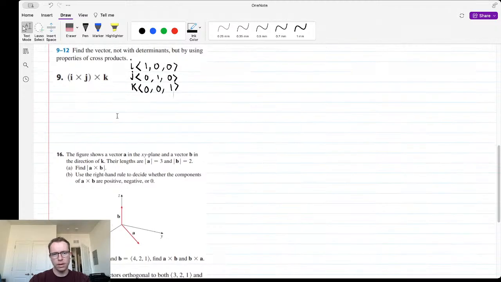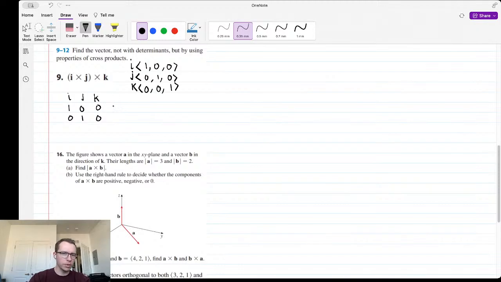It's kind of interesting. So I think we just need to cross i and j first. So let's write it this way: i, j, k. And then we have the first vector, which is 1, 0, 0, and then the second vector, which is 0, 1, 0.